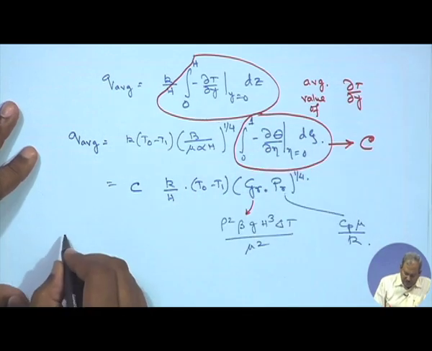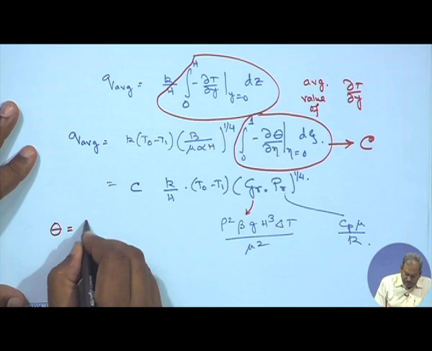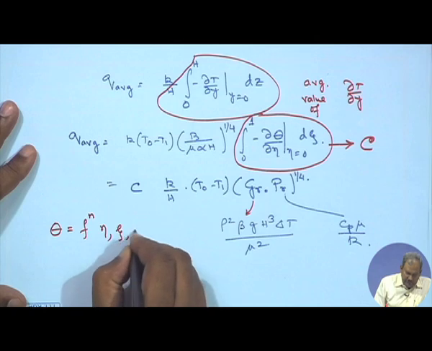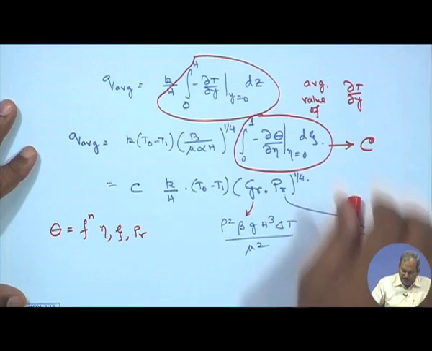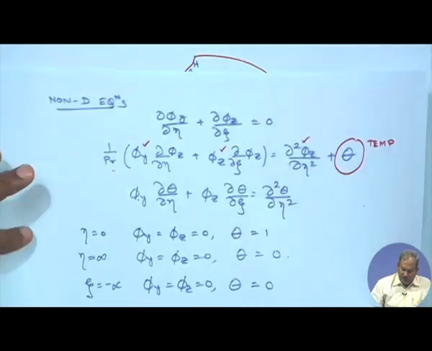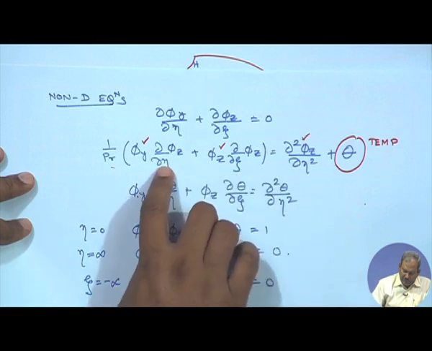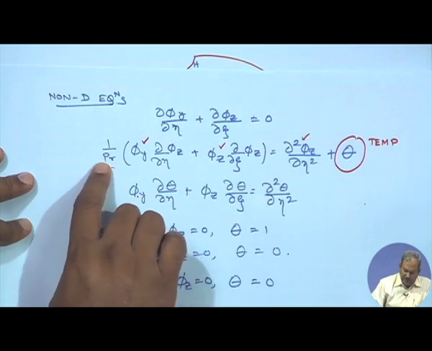Now, we understand that this theta is going to be a function of eta, zeta and the Prandtl number. If you look at the governing equation, this theta would simply be a function of eta, zeta and the constant Prandtl number.